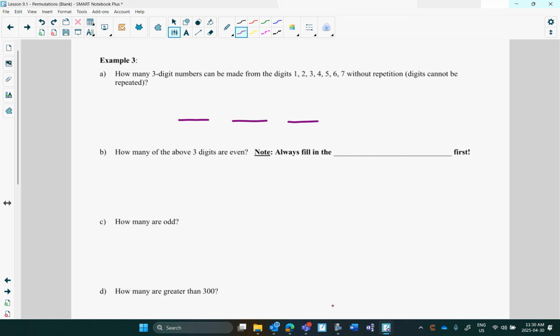Let's start on the left. How many possible digits could I put in here? 7. This is important. Without repetition, which means the next one is 6. Because whatever number this is, you can't use it again. So it's 7, 6, and following the same reasoning, 5. So you get 210 ways.